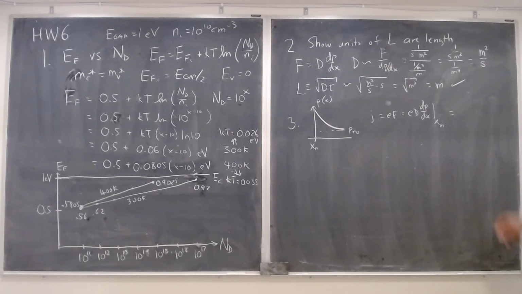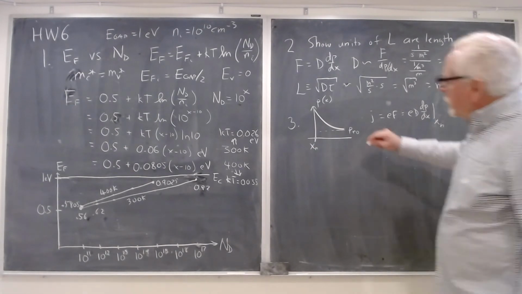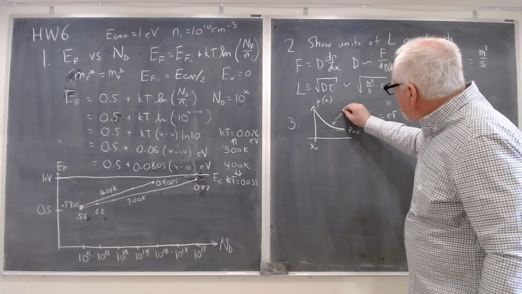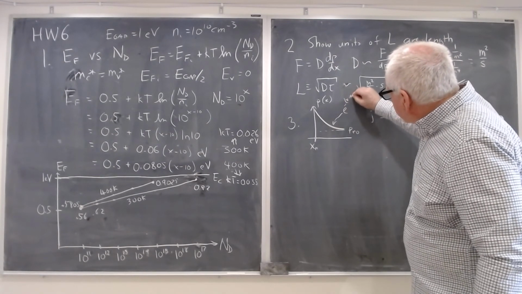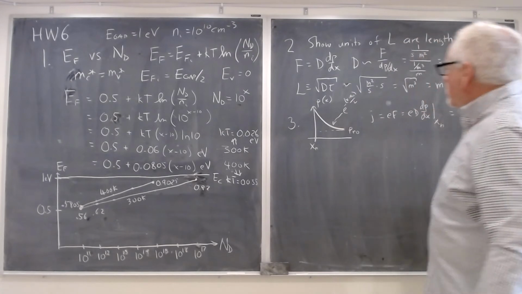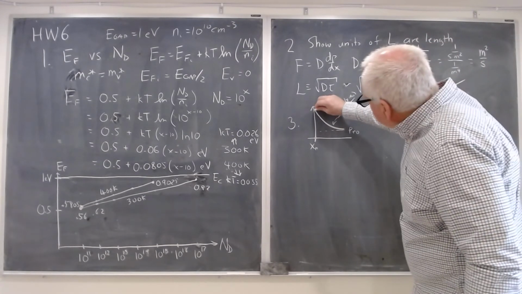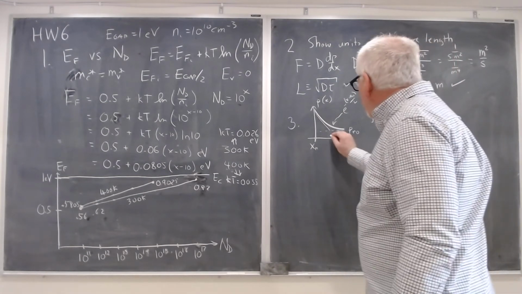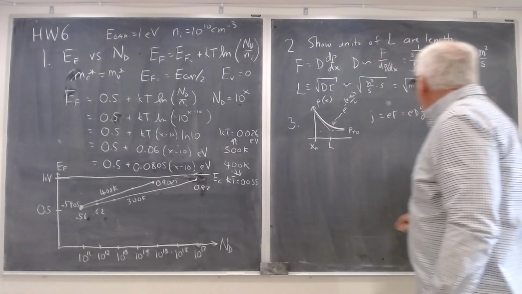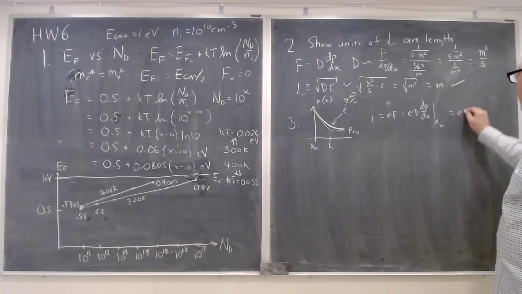And since this goes as e to the minus (x minus xn) over L, the simple way to think about it is that it reaches Pn0 at L.